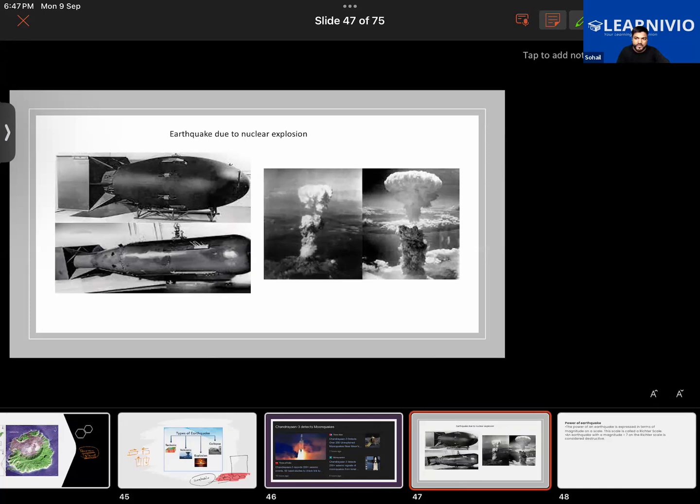In fact, they have caused earthquakes, but the magnitude is not significant enough to destroy life and property. Also, most nuclear tests are carried out away from densely populated areas, mostly under the oceans or the seas. Got my point?